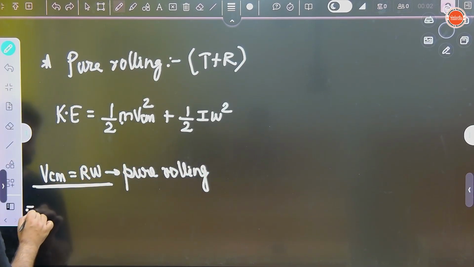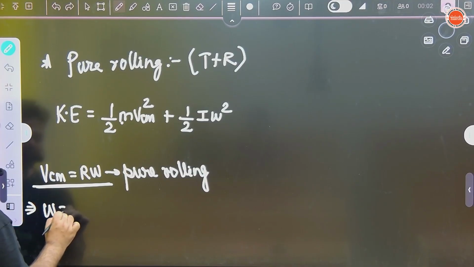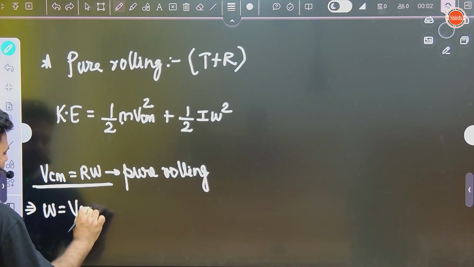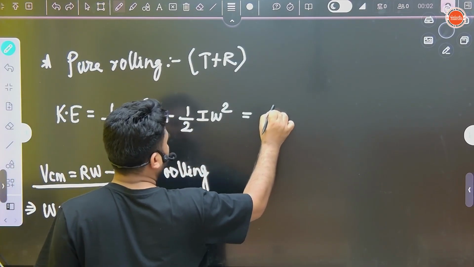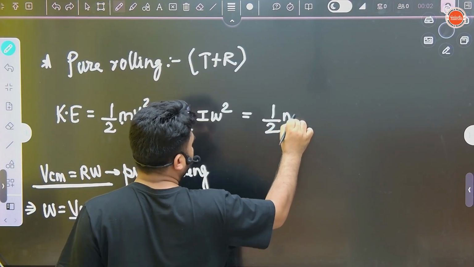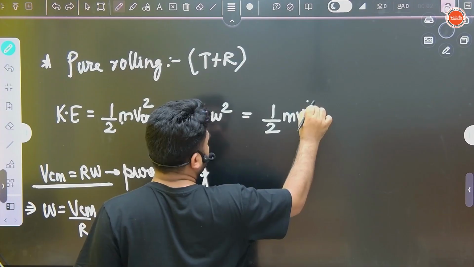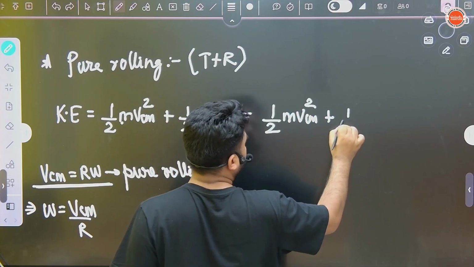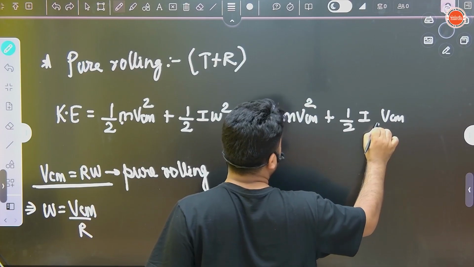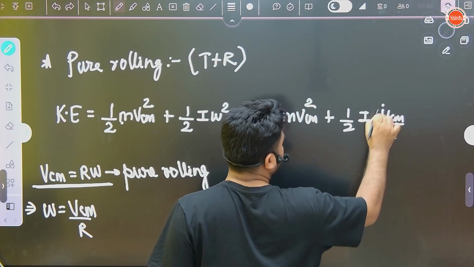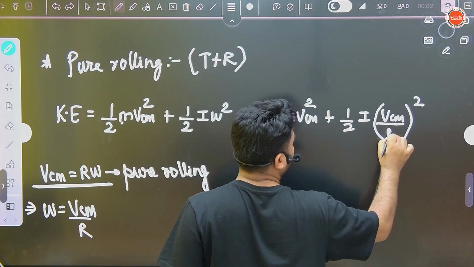Omega equals VCM by r. If I place that here, half m VCM square plus half I omega square, that is half I times VCM by R square.